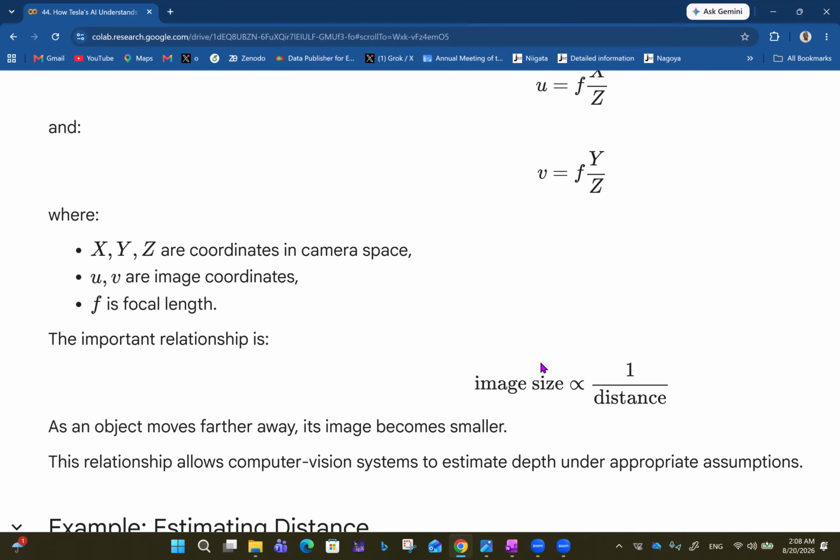The important relationship then is that image size is approximately 1 over the distance. So image size is inversely proportional to the distance. So the smaller the image, the bigger the distance. But the bigger the image, the closer, the smaller the distance. As an object moves further away, its image becomes smaller. This relationship allows computer vision systems to estimate depth under appropriate assumptions.